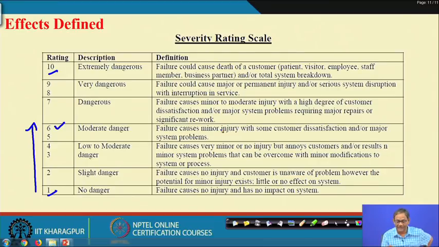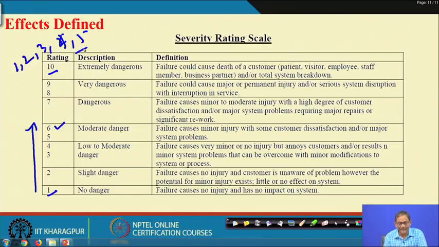There can be a possibility that you may go for a 5 point scale, 1, 2, 3, 4, 5, because when you are using a 10 point scale, so many combinations are there, so many minor differences from one level to another level, you may get confused. So, in that case it is better to go for a 5 point scale.